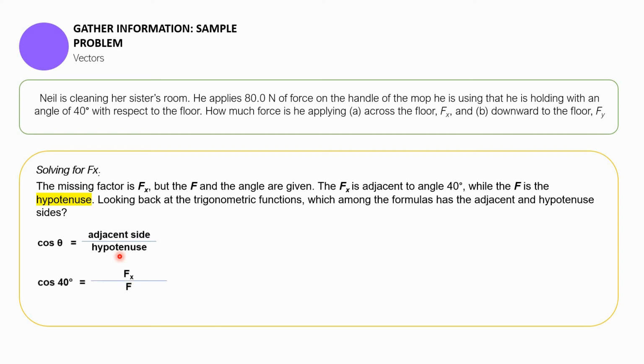So cosine theta is cosine 40. For hypotenuse, it's f, which is given. And the missing factor is f of x. Remember that since we have 3 factors and only one of them is missing, we can look for that missing factor. So you can substitute the givens, you can carry out the operations, and there you go.